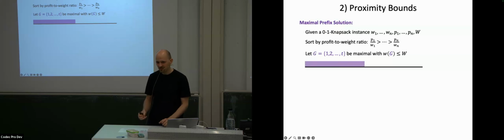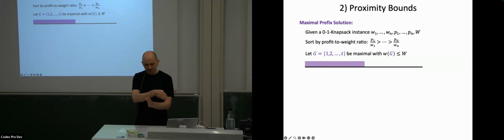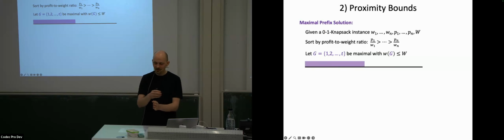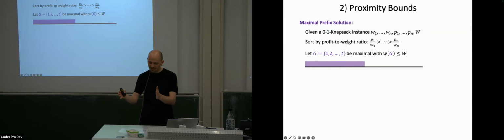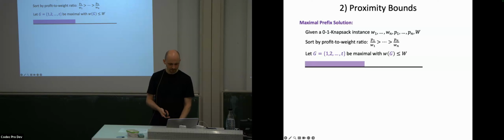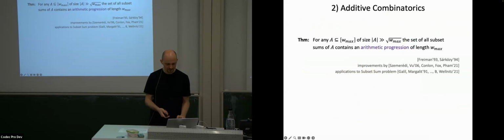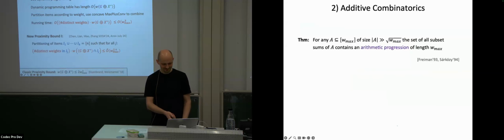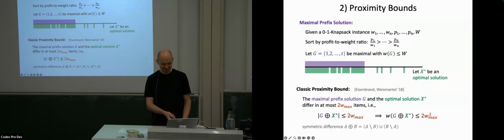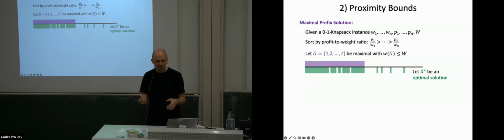It's not even really the greedy solution, because the greedy solution would try out some other items whether you could still add them. For the maximal prefix, you really stop once the next item doesn't fit anymore. So naive greedy somehow. And we want to compare this to any optimal solution, X star.